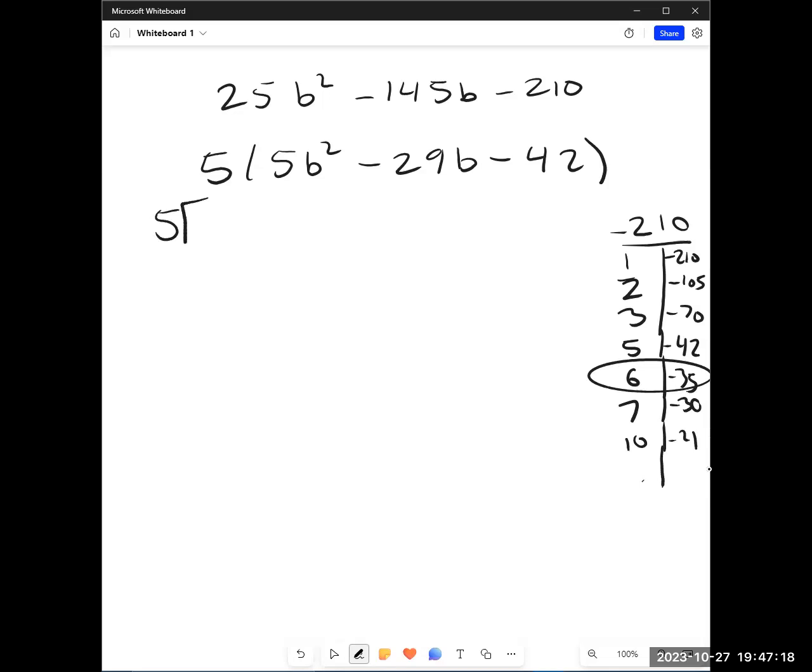So 5 times 5b squared plus 6b minus 35b minus 42.